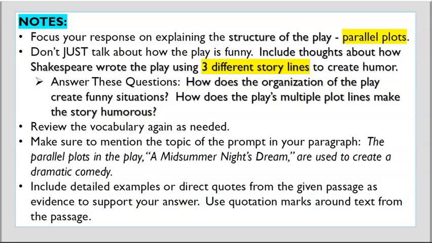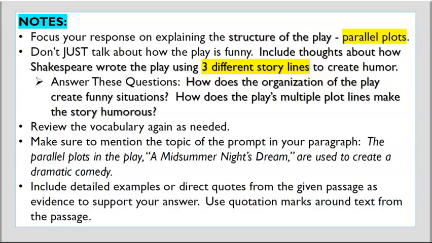Include thoughts about how Shakespeare wrote the play using 3 different storylines to create humor. You can answer these questions. How does the organization of the play create funny situations? And how does the play's multiple plot lines make the story humorous? If you answer both of those questions, you'll have a correct response.